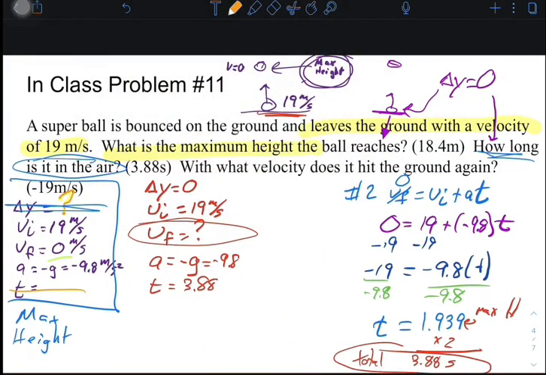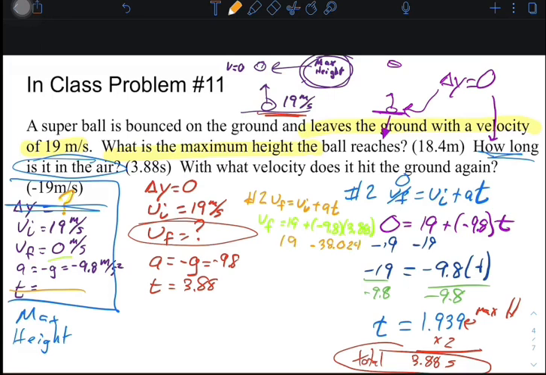If we take a look at equation number 2, they're all going to end up with the same. Final velocity is equal to my initial velocity plus a times t. My final velocity is equal to 19 plus negative 9.8 times 3.88. When we take negative 9.8 times 3.88, we get a value of negative 38.024.